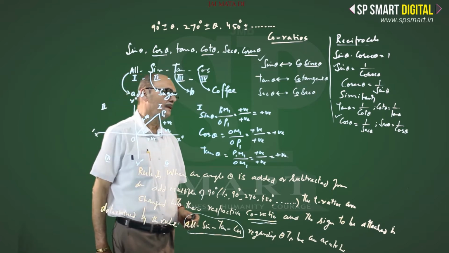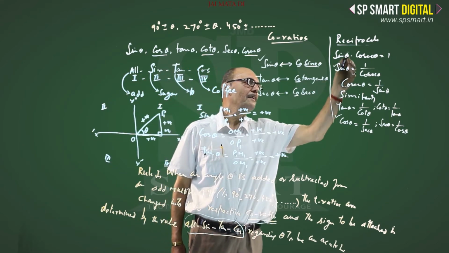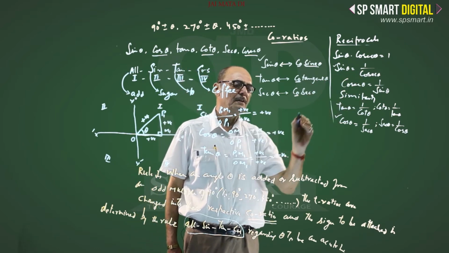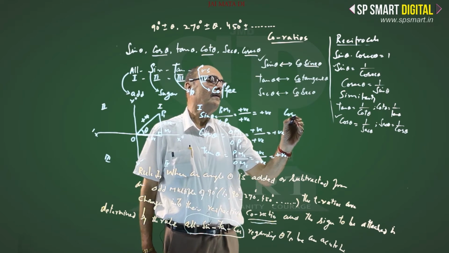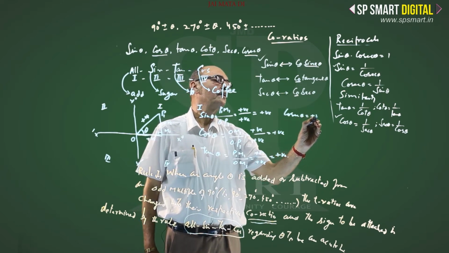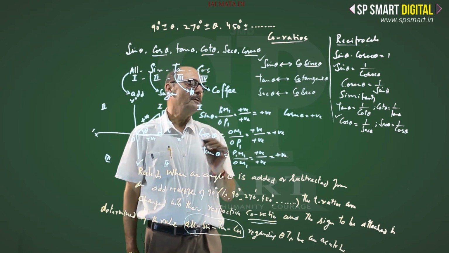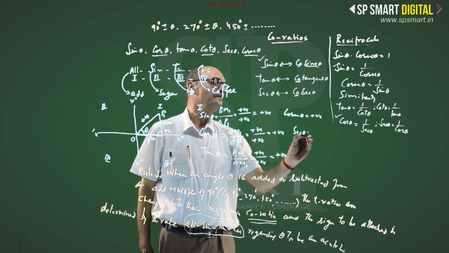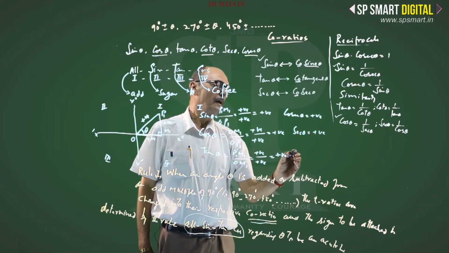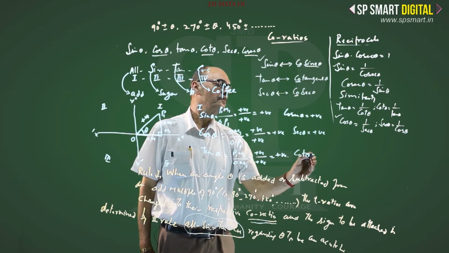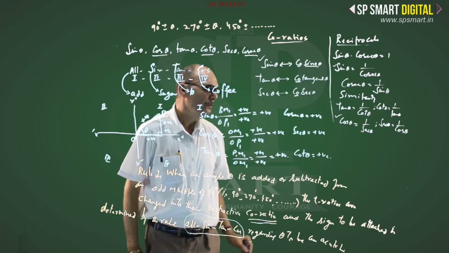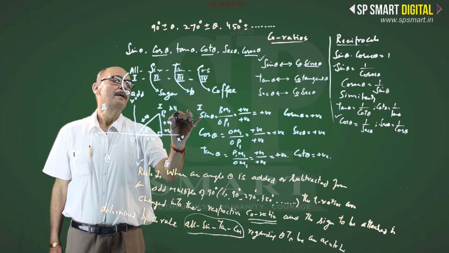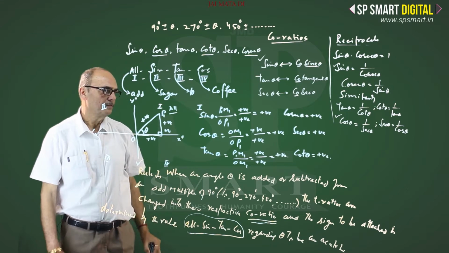Now here comes the case of reciprocals. If sin theta is positive, obviously cosec theta will be positive. It's reciprocal. If cos theta is positive, then secant theta is also positive. And in this case cot theta is positive. So we conclude here that all trigonometric ratios in the first quadrant are positive.